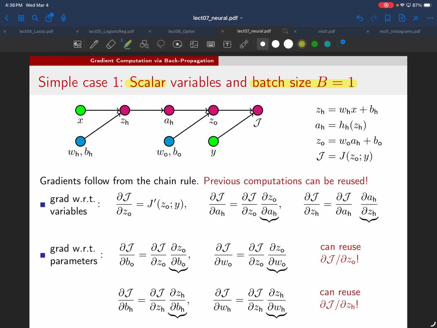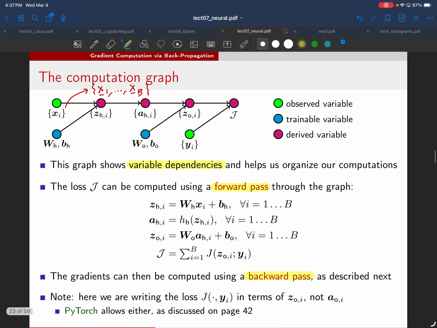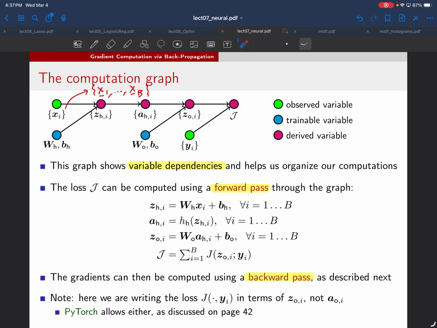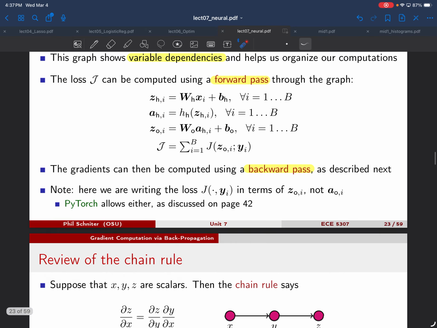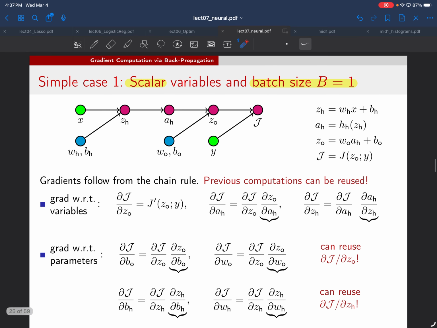This was the full case here where I had batches of several B elements. Now forget the curly braces because there's just one element. And these are not vectors, these are all scalars. That's going to simplify things quite a bit.